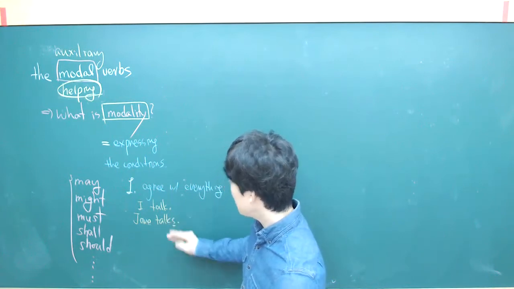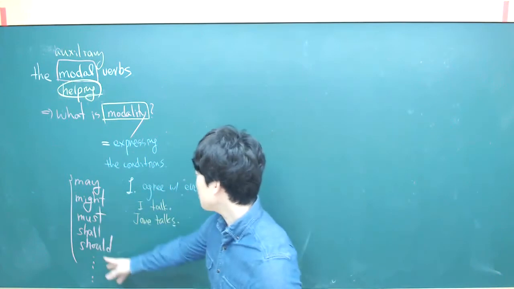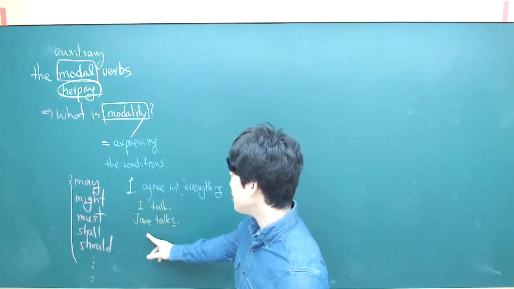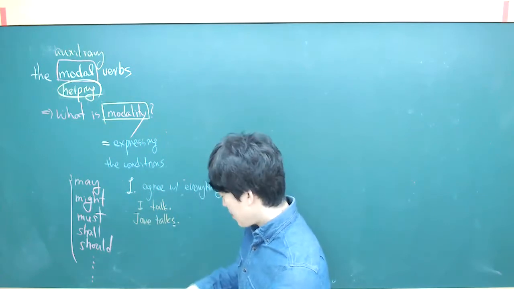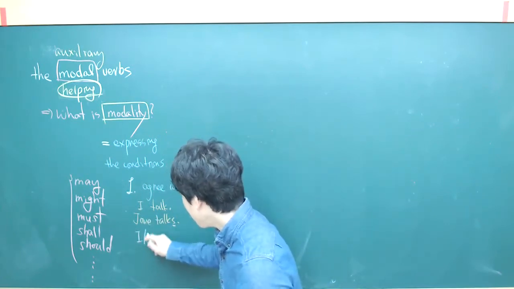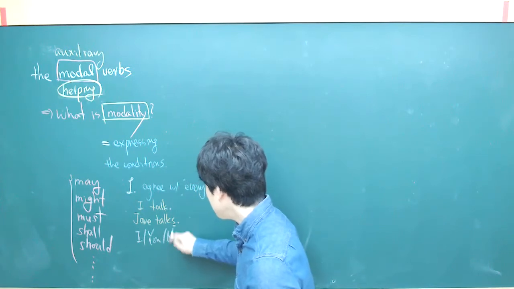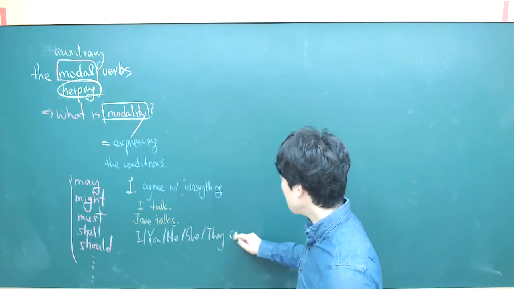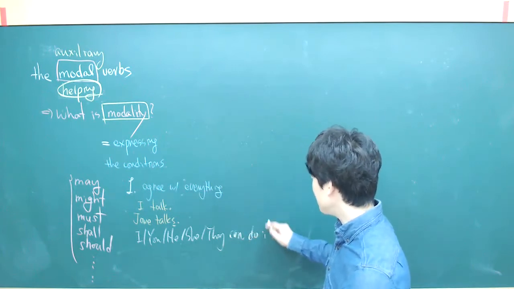Jane talks, not Jane talk. But modal verb doesn't change according to what subject you are using. For example, I, you, he, she, they, all followed by can do it.